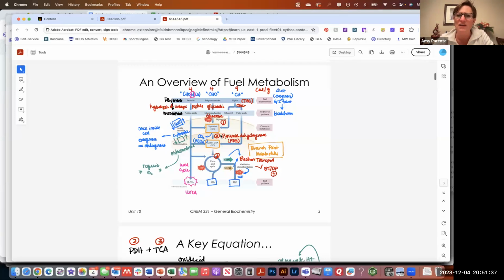So that's why we call them branch point metabolites. And the two that we've learned about right now are the 3-carbon molecule pyruvate and then the 2-carbon molecule acetyl-CoA. And why those two are important to think about is because pyruvate can be made into acetyl-CoA, but not the other way around. So once we've committed something metabolically to acetyl-CoA, we can't go backwards.